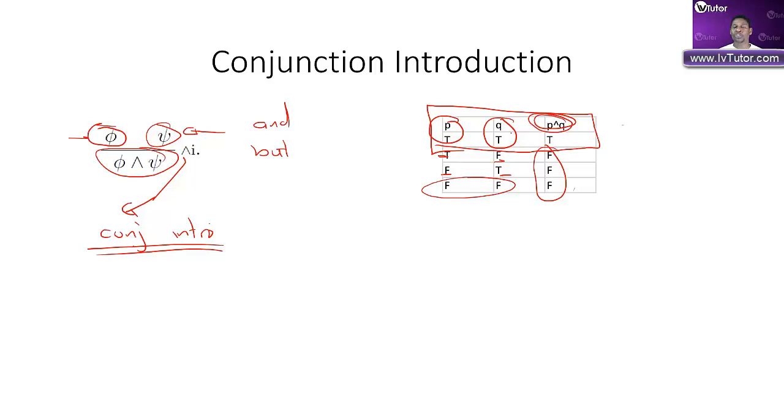There is no straight-cut way of doing that. But there is a straight-cut way of saying that if P and Q is true, the only time that is correct is when both P and Q are true individually. So that is called conjunction introduction, the first natural deduction rule.